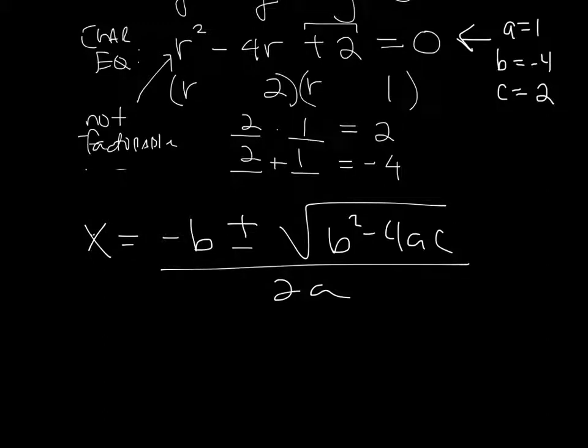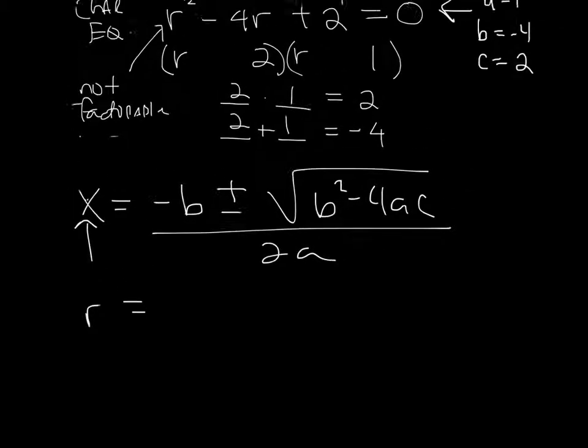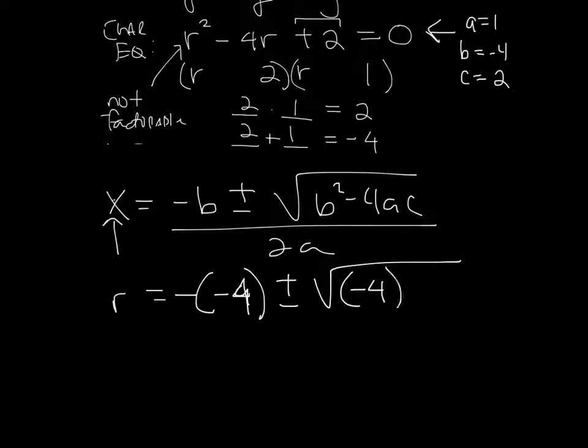But this is r in our case. So r equals -b. What's our b? Here's our a, b, and c. So negative times -4, that's a 4, plus or minus the square root of (-4) squared.